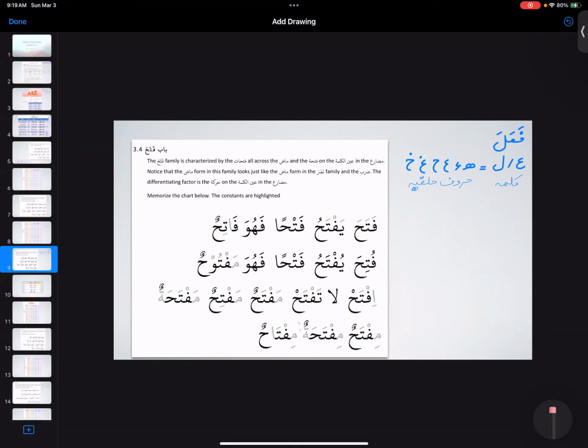In terms of difference, if this is a key, miftahun, it will be key all the way. It depends on the context, what we are using to open something, the tool.